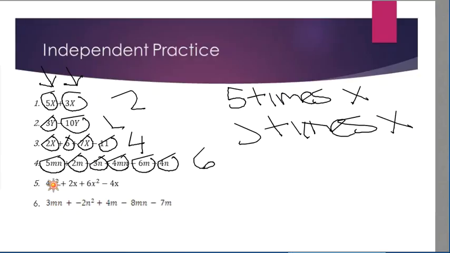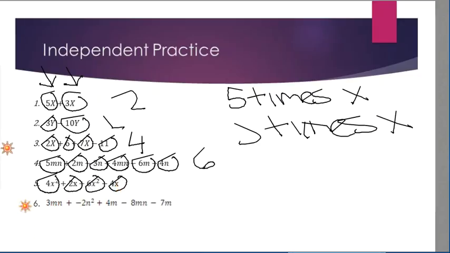Let's look at question number 5. There's an addition, addition, subtraction. So the number of terms for number 5 would be 1, 2, 3, 4. There are 4 terms. 4 times x squared, 2x, 2 times x, 6 times x squared, and 4 times x.